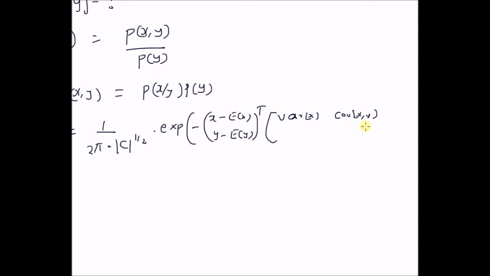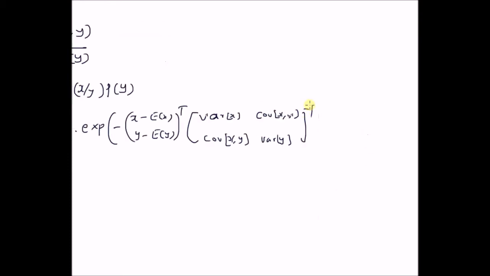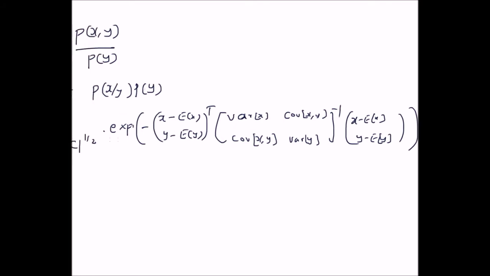Next is covariance of x comma y, and variance of y. Whole inverse multiplied by (x minus E of x, y minus E of y). So this is a joint Gaussian distribution.